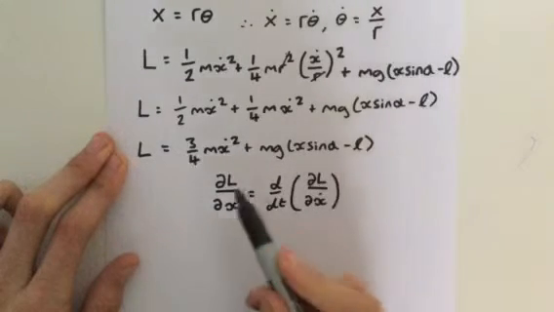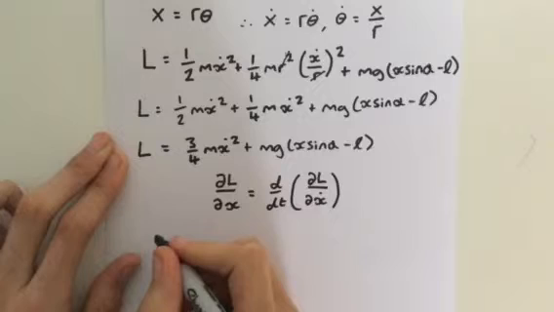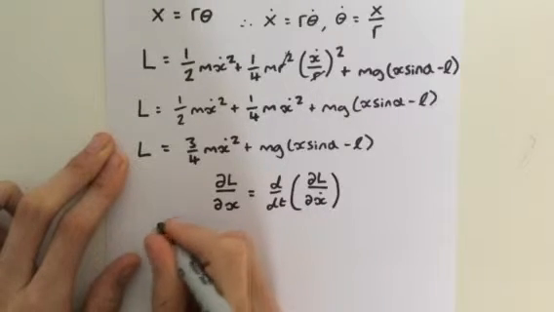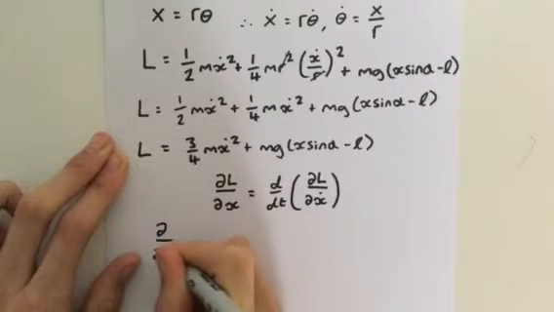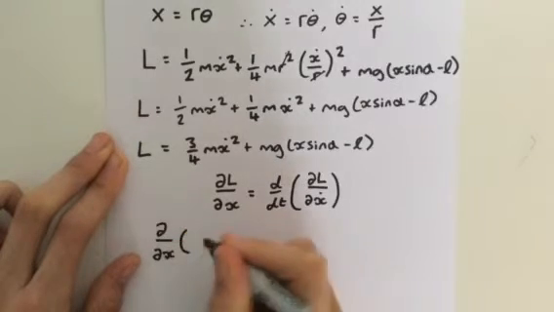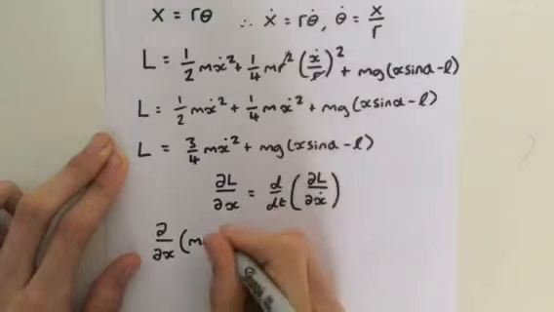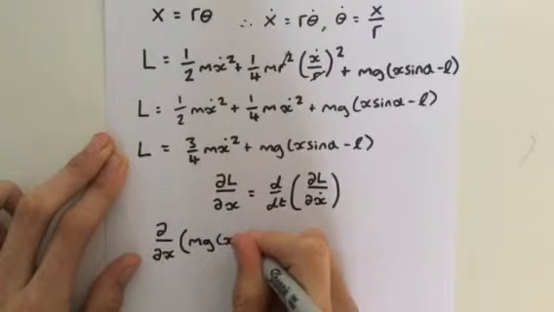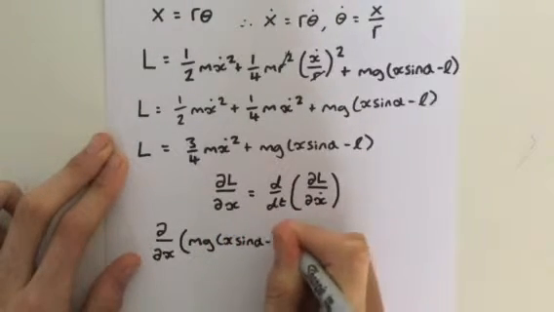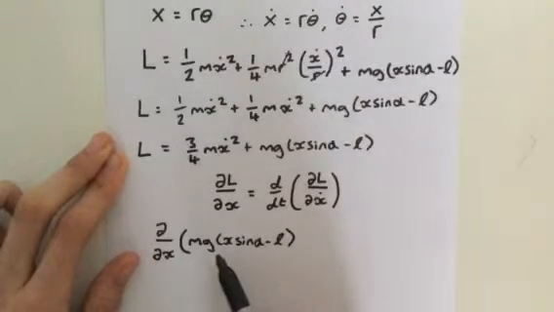So this is going to become d by dx of mg times x sine alpha minus L, because that's what we're taking a derivative of.